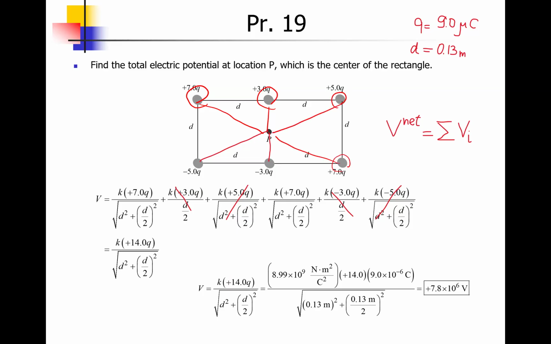And another 7 goes here, negative 3 goes here, negative 5 goes here. So you have 6 charges. They all contribute to the potential here. Some of them can get crossed out, which is this one, this one, this one, and you only have these 2 left, and you do the calculation. You are going to get 7.8 times 10 to the power 6 volts. So for a point charge, remember it's KQ over R.